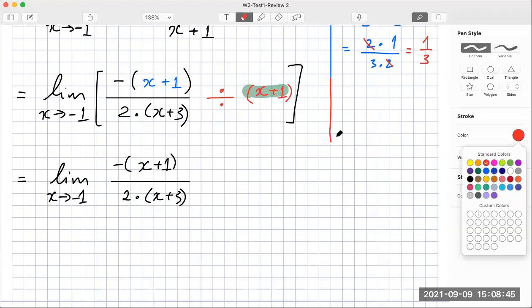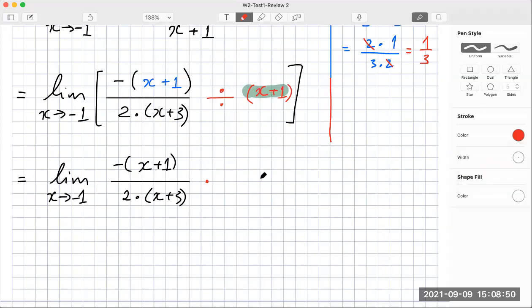Okay, when we divide by this, it is equal to multiply with the reciprocal of this guy, 1 over x plus 1, right?